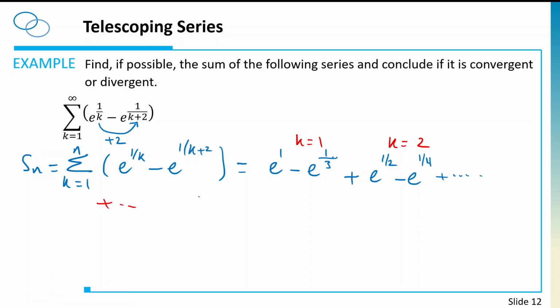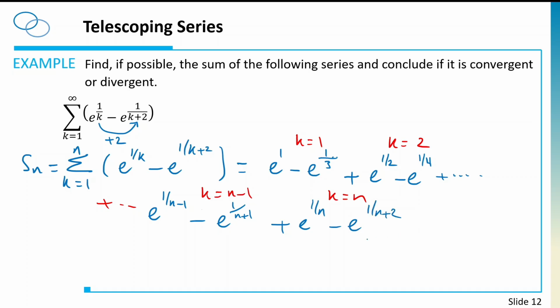I need k equals n minus 1 and k equals n, the last two terms. The one before the last is e to the power of 1 over n minus 1, minus e to the power of n minus 1 plus 2, so 1 over n plus 1. The last one at n is e to the power of 1 over n minus e to the power of 1 over n plus 2. Okay, that's it.